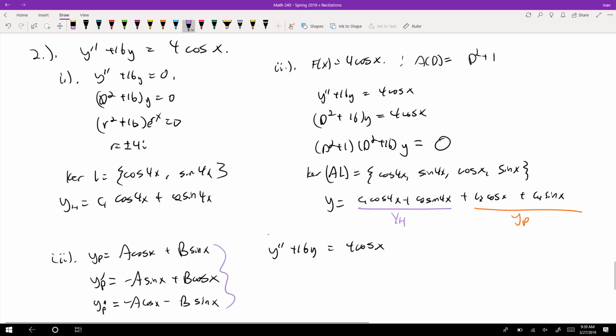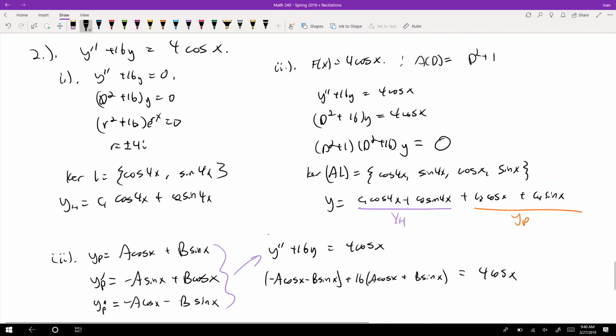Okay, so we take these three and plug them into the original. What do we get? y double prime is negative a cosine x minus b sine x, plus 16 times y, which is a cosine x plus b sine x, and that's equal to 4 cosine x on the right-hand side.